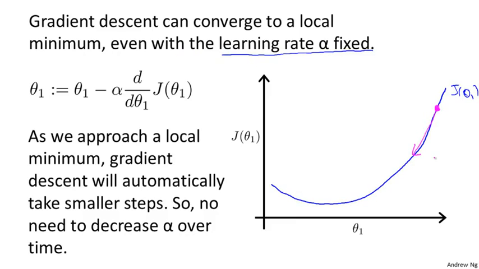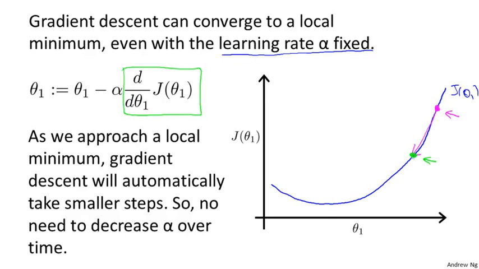Now I'm at this green point, and if I take another step, you notice that my derivative, meaning the slope, is less steep at the green point than at the magenta point, because as I approach the minimum, my derivative gets closer and closer to 0. So after one step of gradient descent, my new derivative is a little bit smaller.